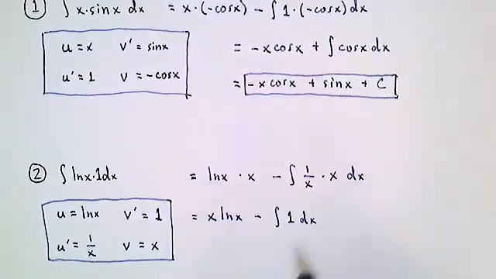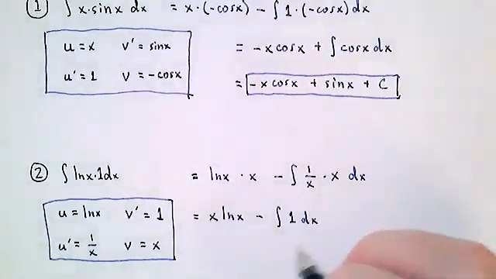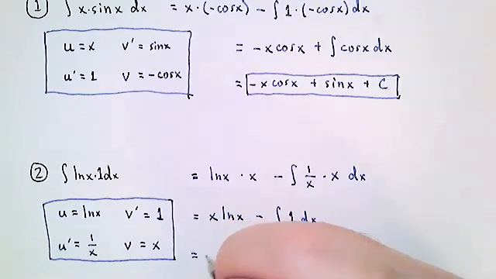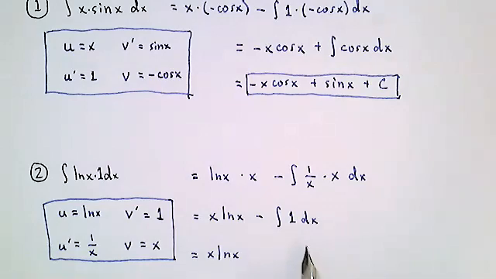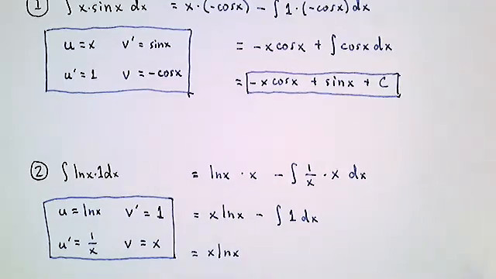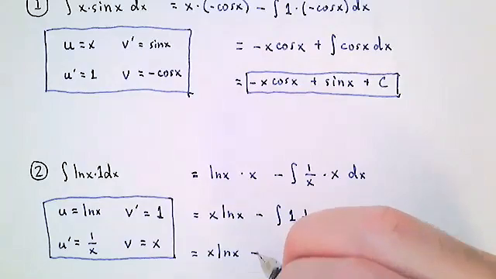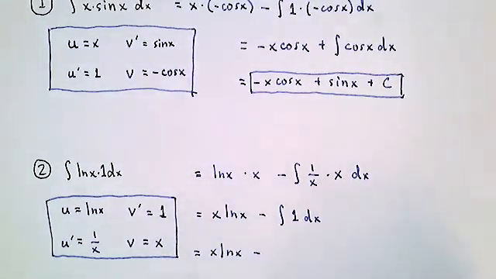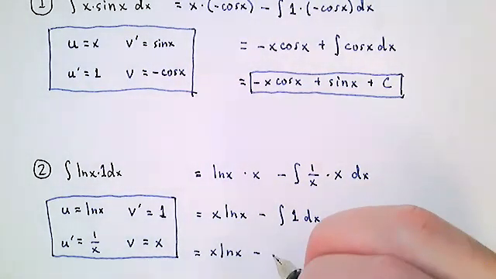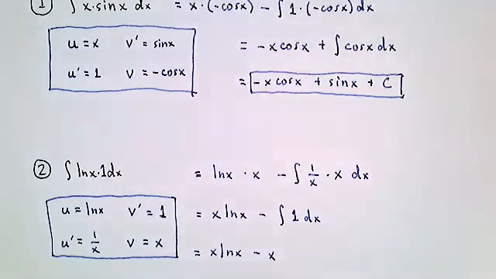So what's the answer? Well, what is this integral? Someone? What's my antiderivative for 1? Is it x? Right, it's just x again, like before. So we have x log x minus x.